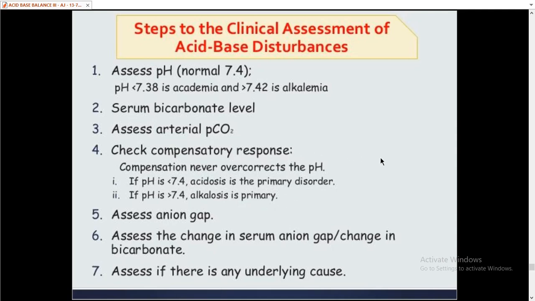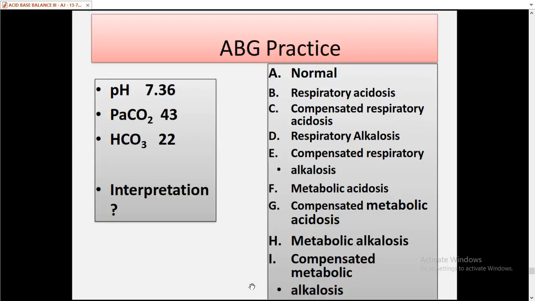If it's metabolic acidosis, then the person starts hyperventilating. If it's alkalosis, then the person starts hypoventilating. Then assess the anion gap and assess the change in serum anion gap and change in bicarbonate ions. Then assess if there is any underlying change.